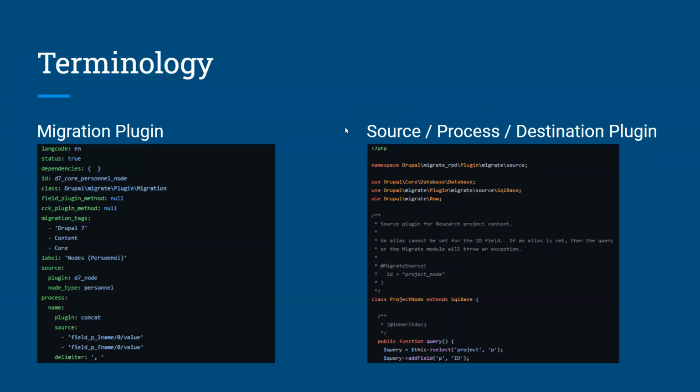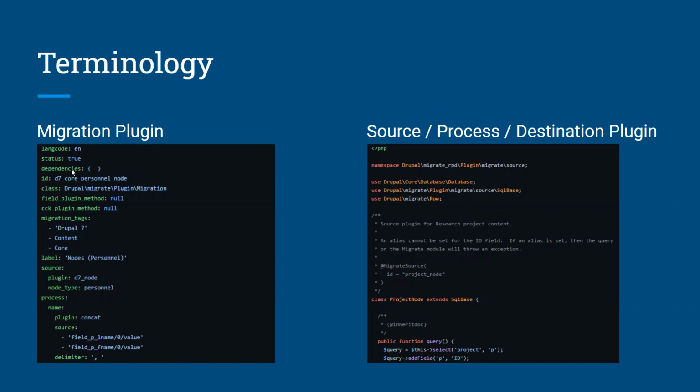The other example here is the source or process or destination plugins. These are PHP files that define a connection or, as the name suggests, a process for transforming data during the migration.